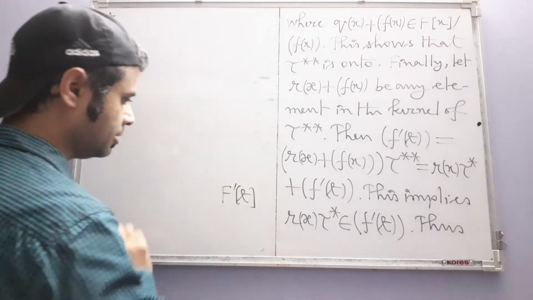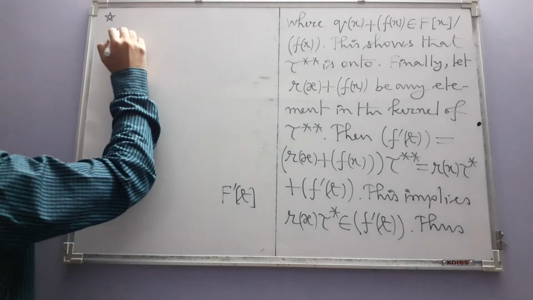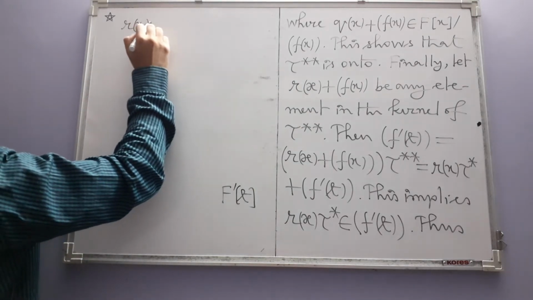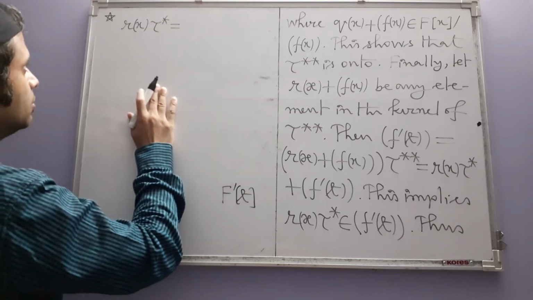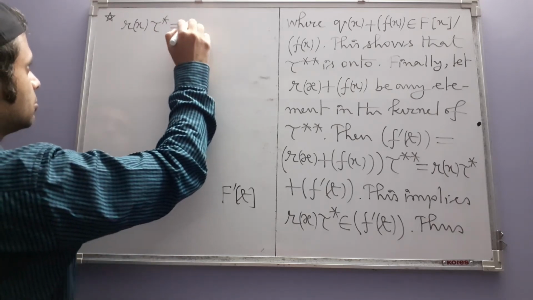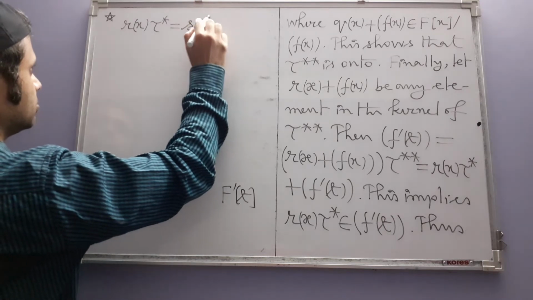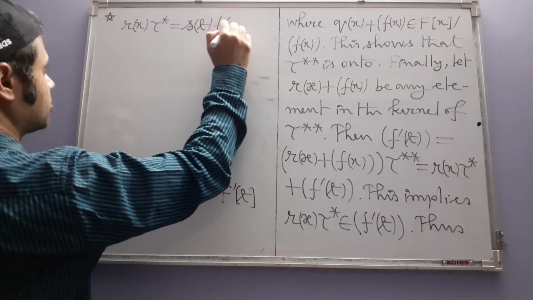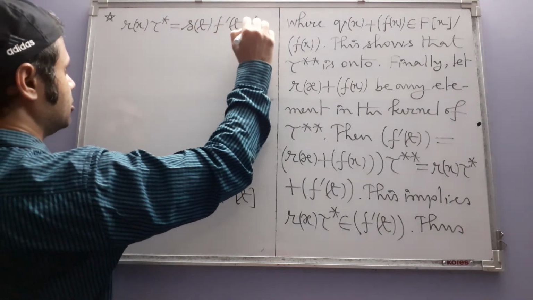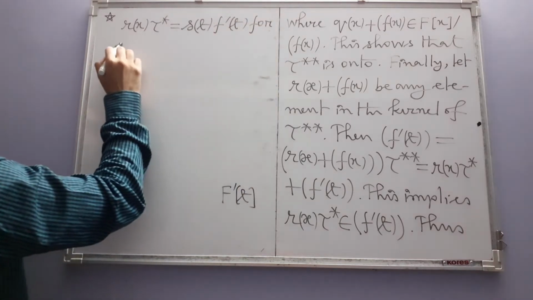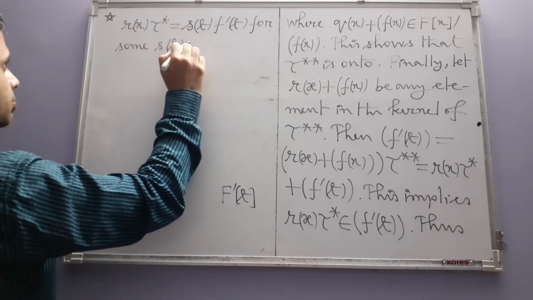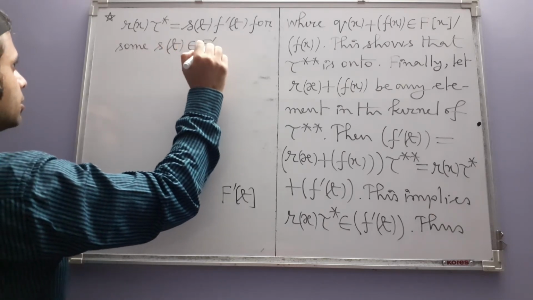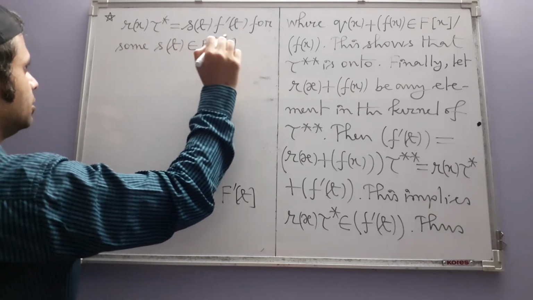Thus, Rx tau star is equal to St times f prime t for some polynomial St belonging to the polynomial ring.